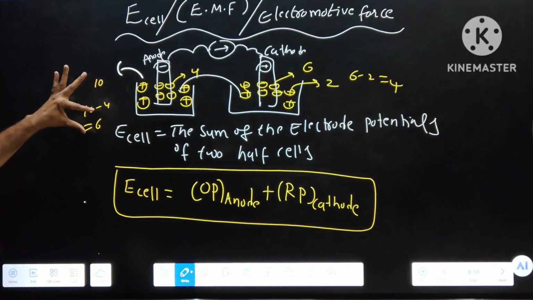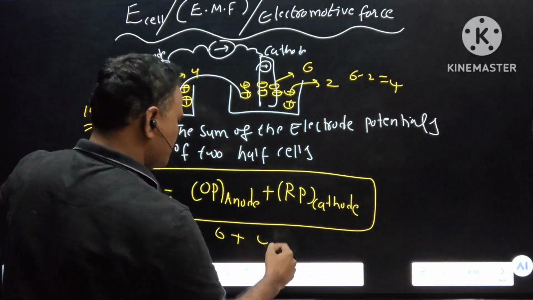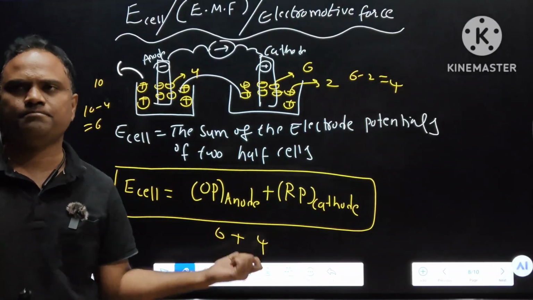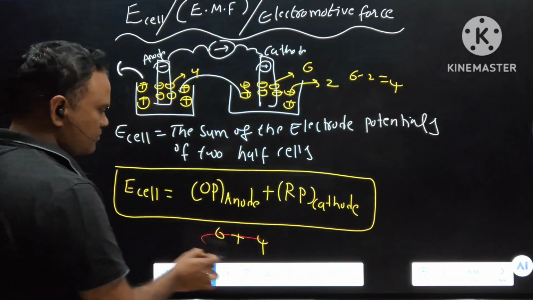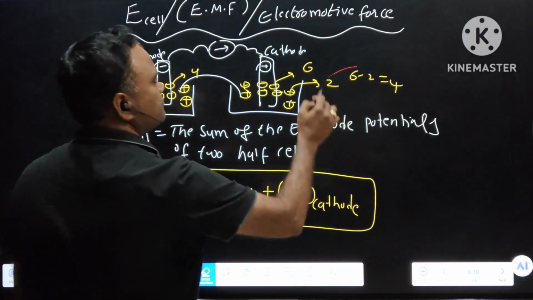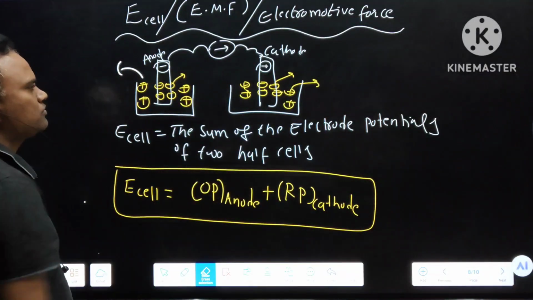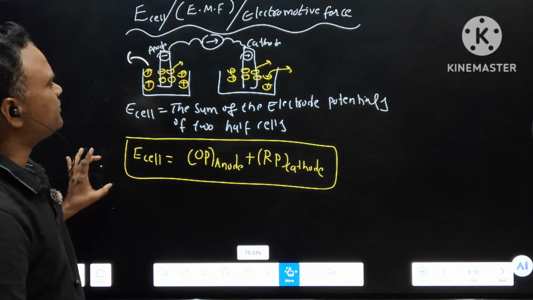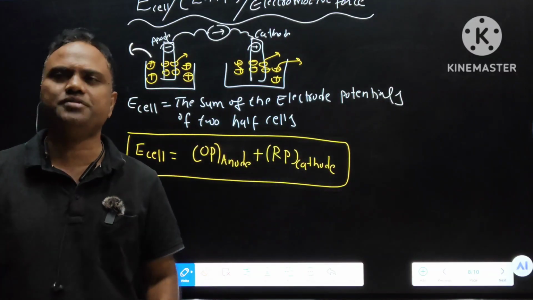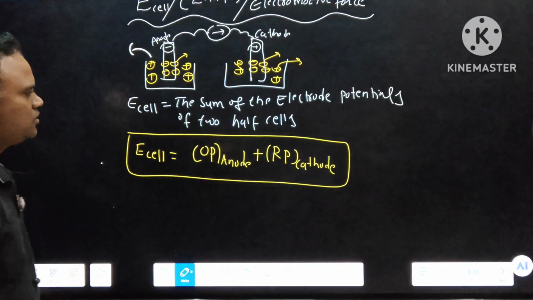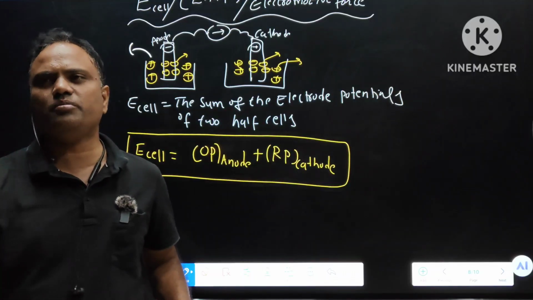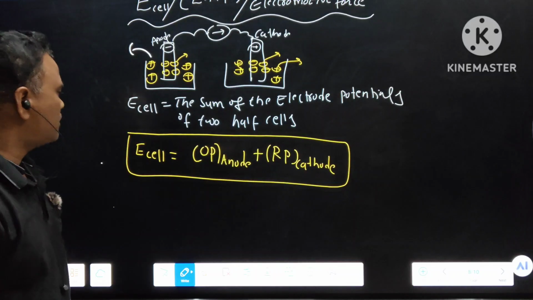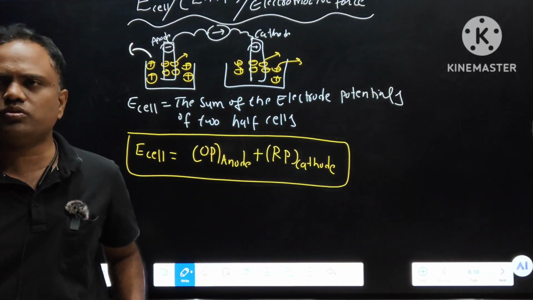This difference is called E cell. Okay, got it? Otherwise, just go through the definition. Discussing the definitions is tougher, but doing numericals is very easy. After a few numericals you will feel that these definitions are very easy, right? E cell is the sum of the electrode potentials of the two half cells, right?